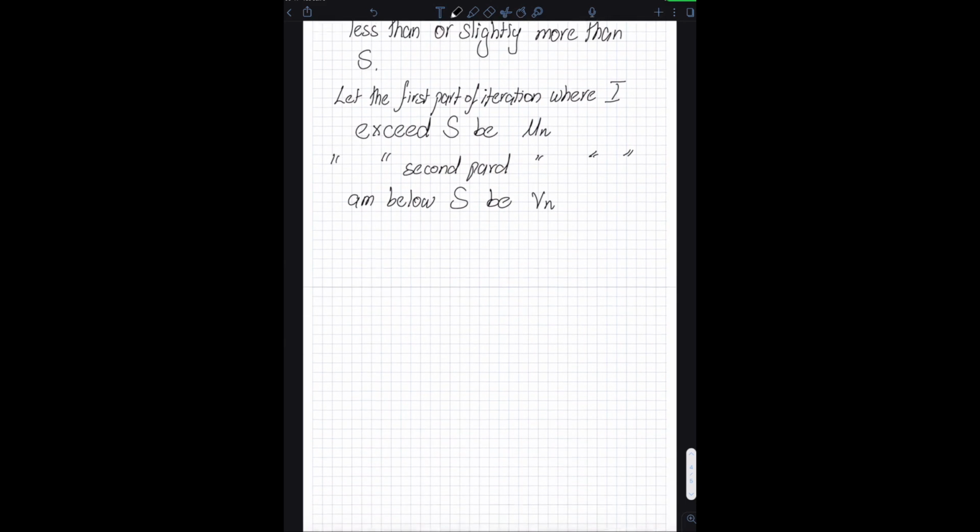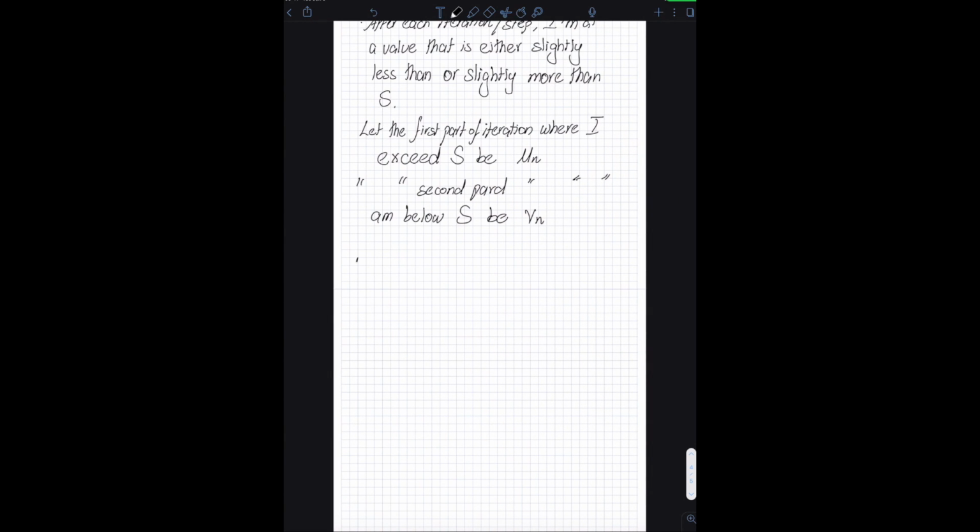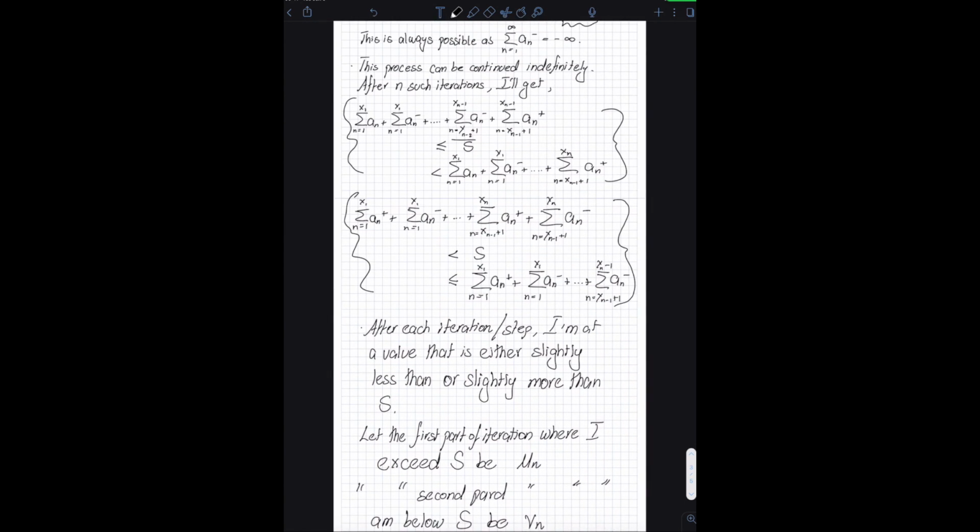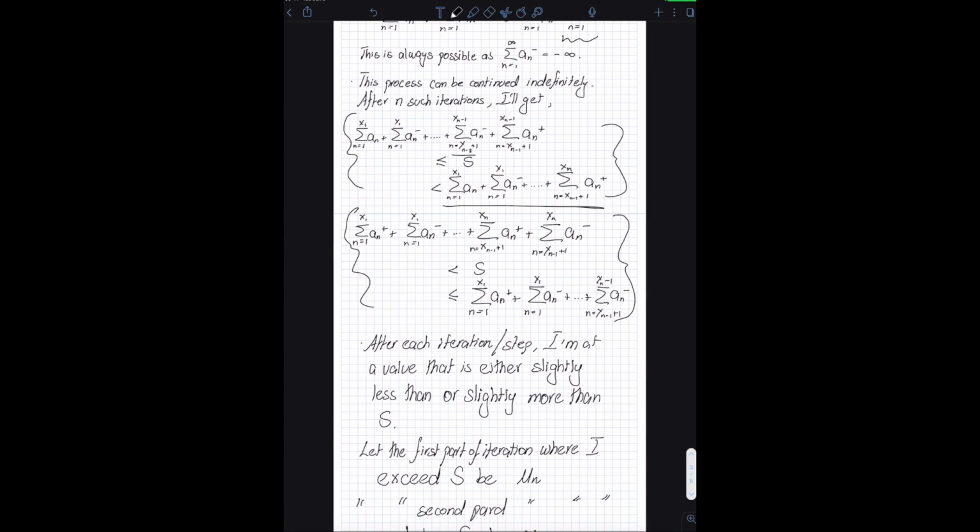To be more precise, u of n is where I've exceeded s, and this is the part where I exceed s.